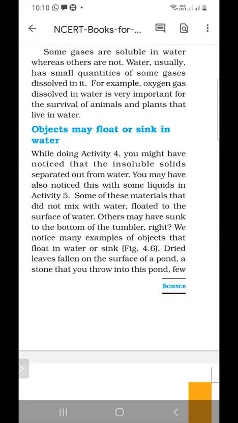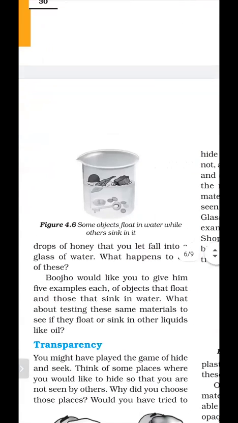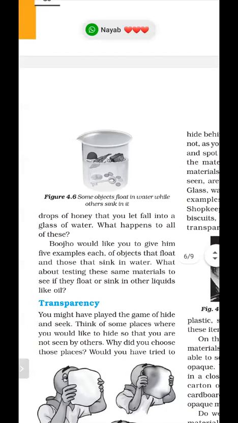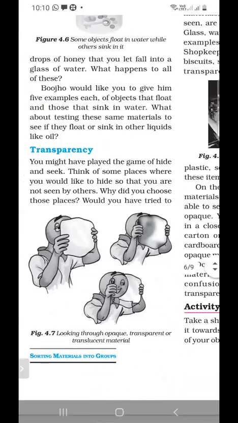So we take different materials and check whether they sink or float. The substances which are lighter float in the water, and the substances which are heavier sink in the water. Figure 4.6 shows some objects floating in the water and some objects sinking in the water. So next property is transparency, and we will discuss it in the next class.